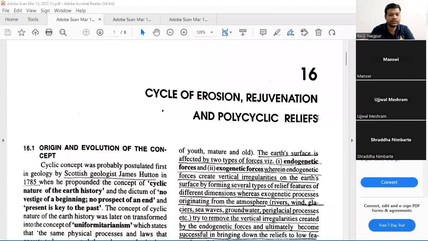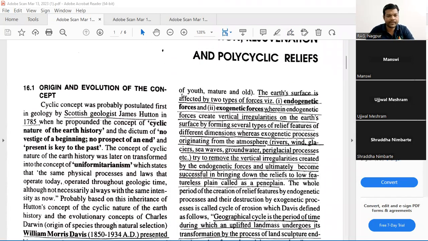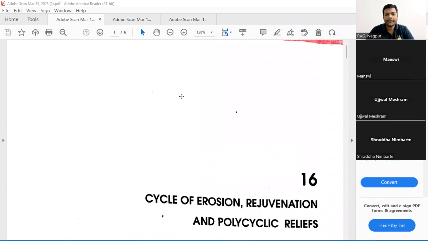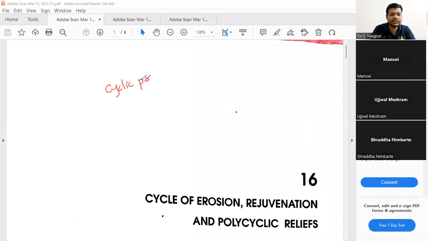Right, the geomorphic cycle. Now, as we know, geomorphology is basically a cyclic process. That means the processes which are operating on the surface, or which are shaping the planet earth, operate in a cycle.